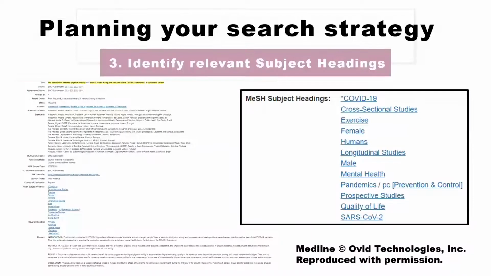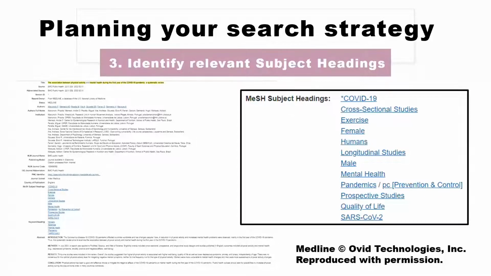The next thing we do is identify subject headings. Please don't worry about the image on the left-hand side of that screen. It is too small, and I've highlighted the important bit in the box on the right-hand side, which is the MeSH subject headings. This is an image from the Medline database, and it's the record for that systematic review that we looked at right back at the beginning as an example.